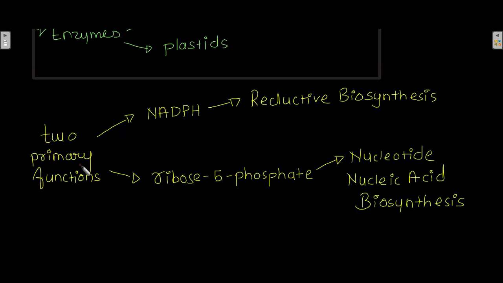Now this pentose phosphate pathway, or HMP shunt, has two primary functions. It provides NADPH for reductive biosynthesis, and it also provides ribose 5-phosphate for nucleotide or nucleic acid biosynthesis.